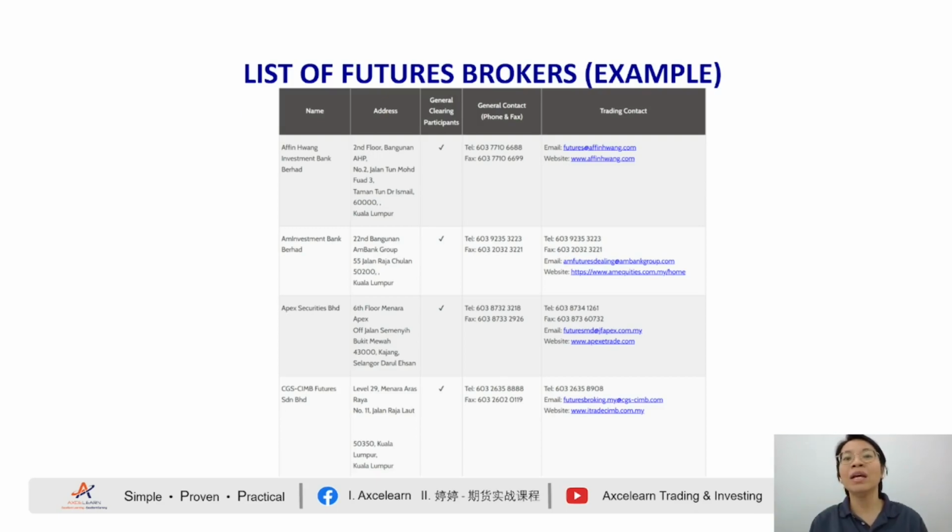But even if you do not want to approach the branches, you can still open your account successfully via their HQ or their website itself. In Malaysia, roughly we have about 20 licensed or approved futures brokers. Be careful, make sure they are approved, and these are all the approved lists. You can check with them.